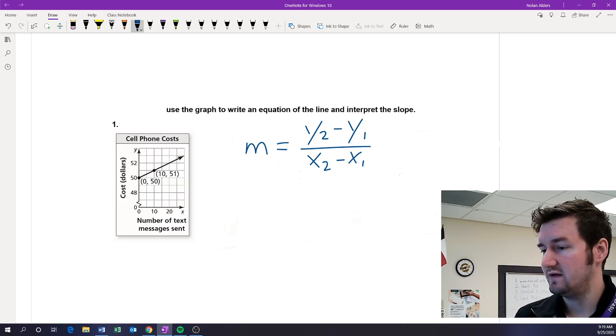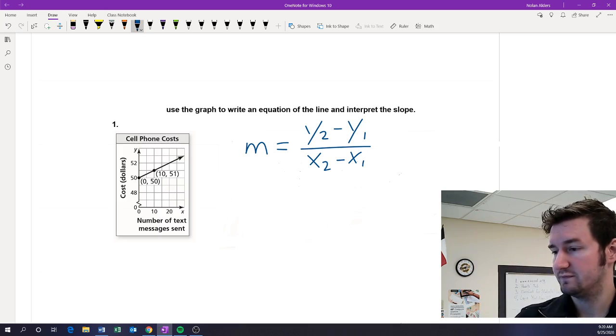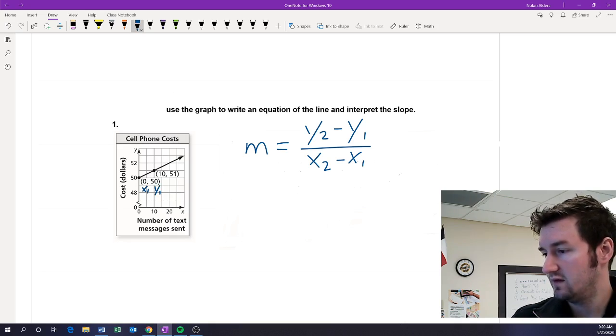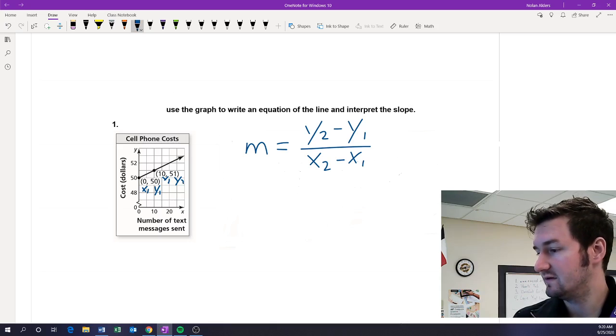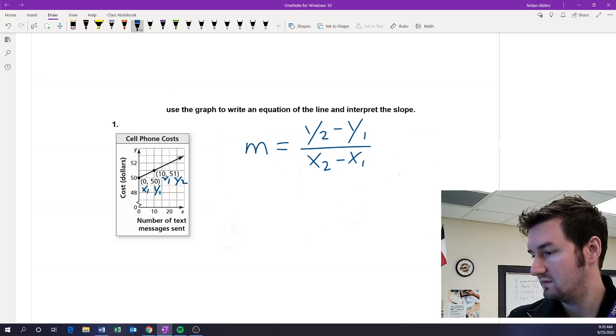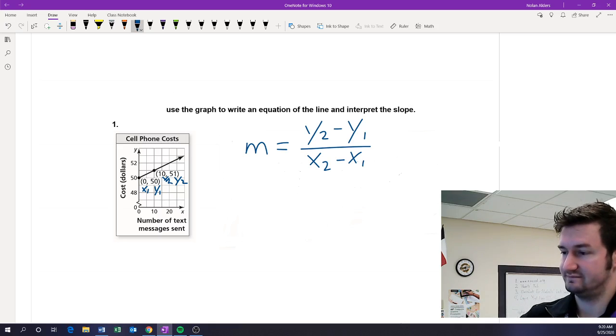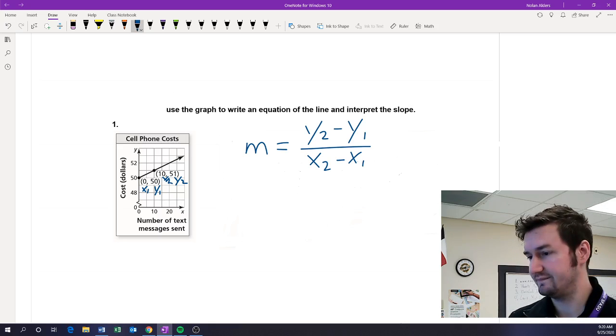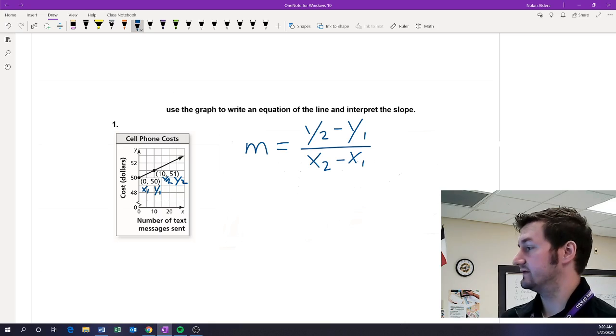So let's say that this first point over here to the left is going to be my 1, so we'll say that's x1, y1. And this other one over here will be my x2, y2. That's a little bit hard to write in there, but y'all know what I'm saying. All right, so let's solve this.